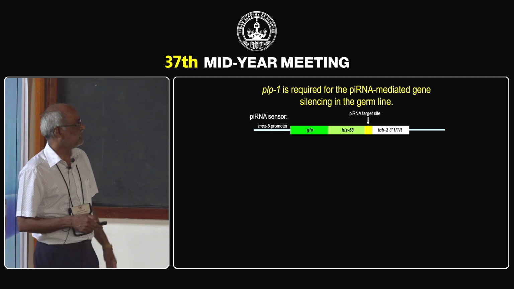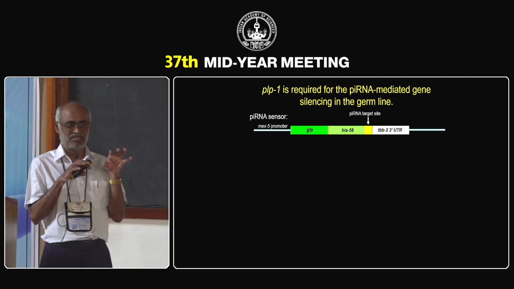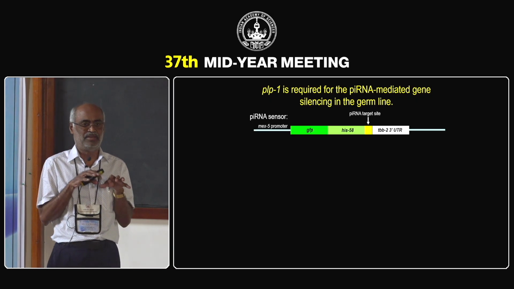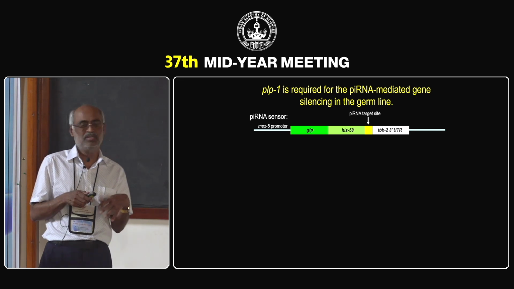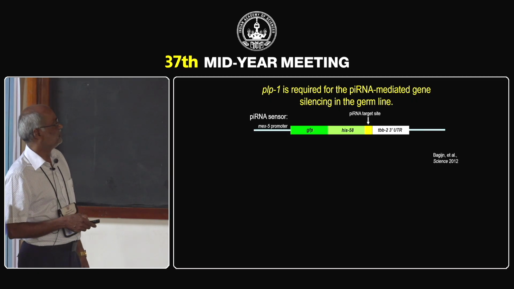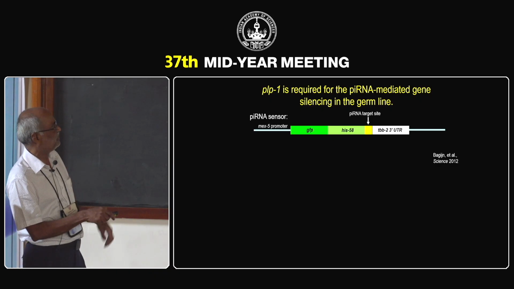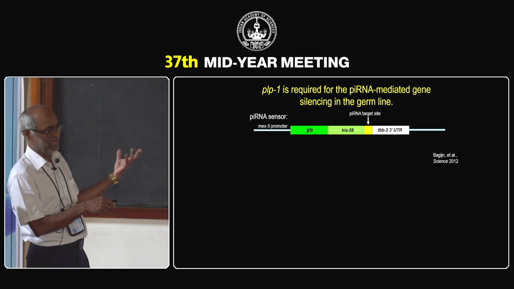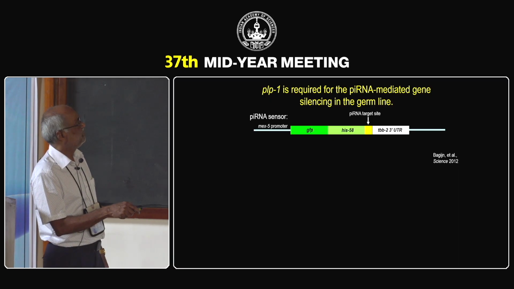So next we decided to look at whether the piRNA-mediated silencing is affected, since the piRNAs, or the small RNAs, are core to suppressing the transgenes and foreign genes in the germline, including transposons. So we wanted to test what happens to piRNA-mediated silencing. One group had published a piRNA sensor where they have the promoter that drives expression in the germline, and GFP is the reporter.